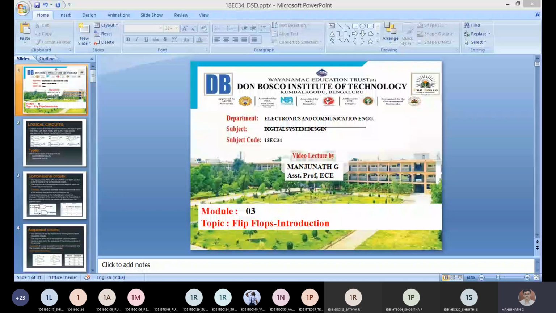Okay. So I hope everyone knows the meaning of logic circuits. We've already constructed your NAND, NOR and all. Can anyone tell me how many types of logic gates you have? Basic and derived gates.